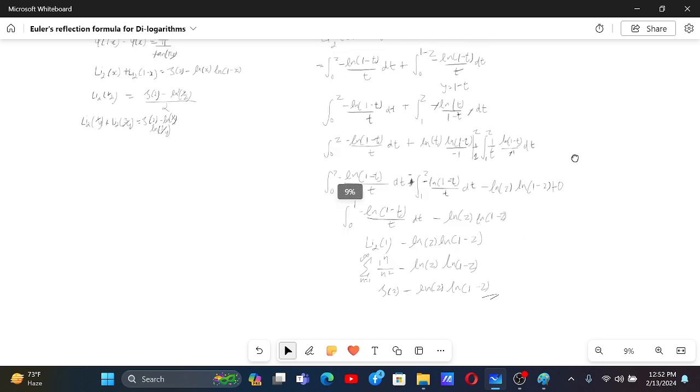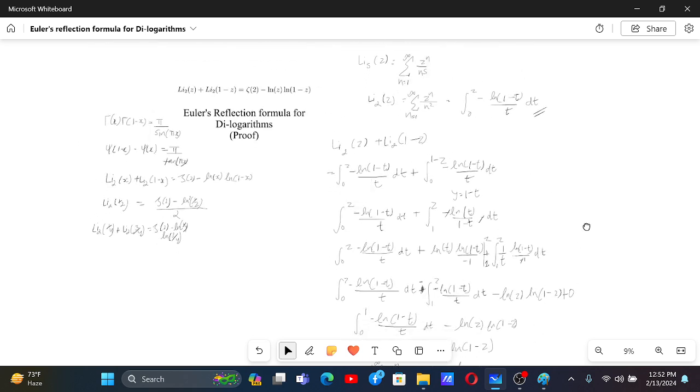So this was the proof, and I hope you understood the solution I did, and hope you are also applying this formula for different dilogarithm arithmetic problems.